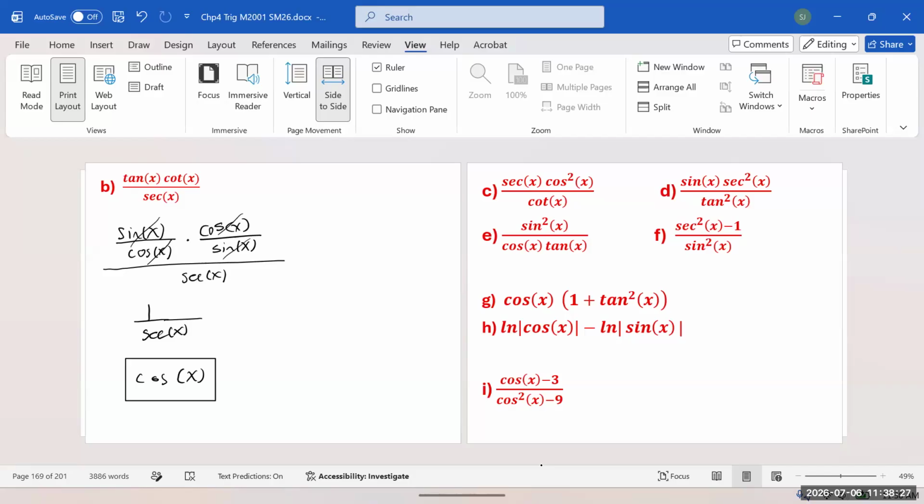Or you can write cosine square as 1 over secant square. The power doesn't change anything, you keep the power if you use the identities.